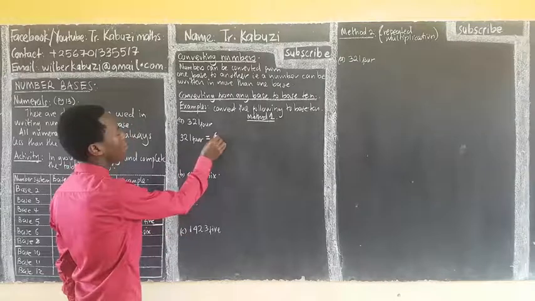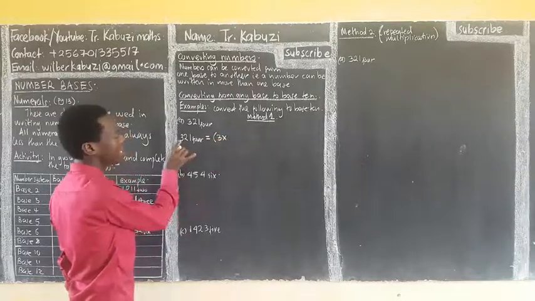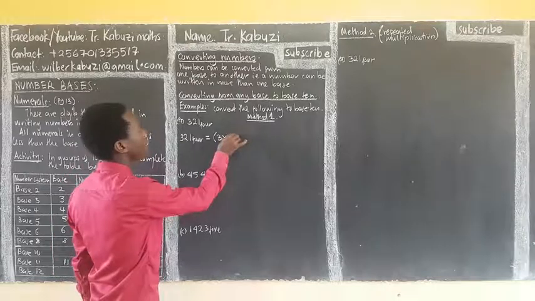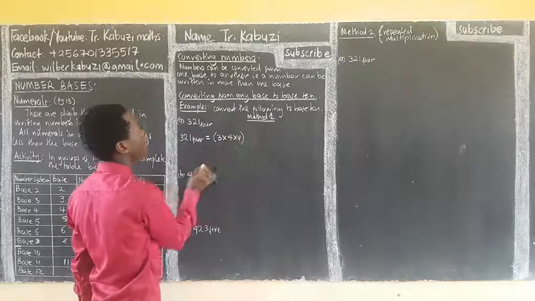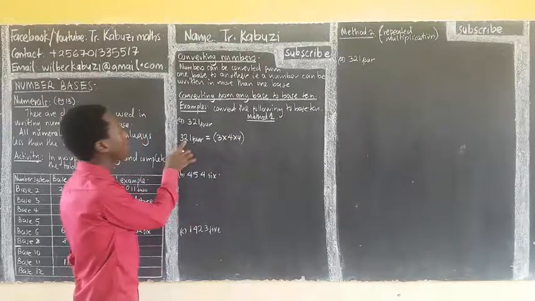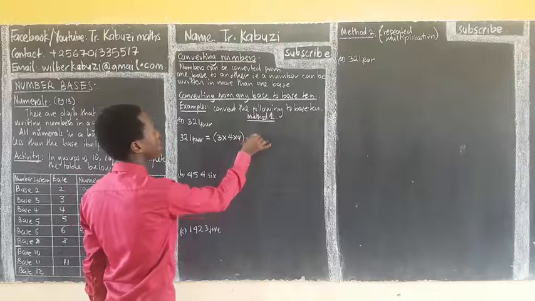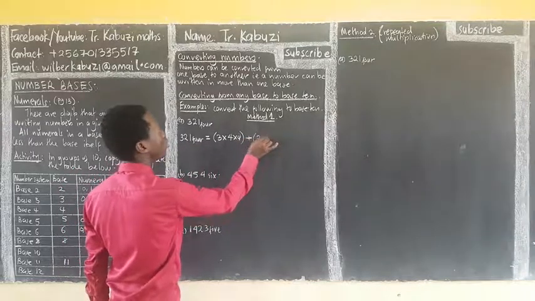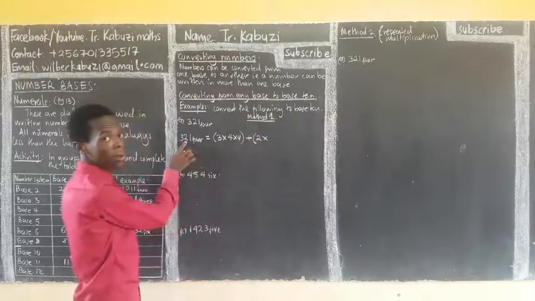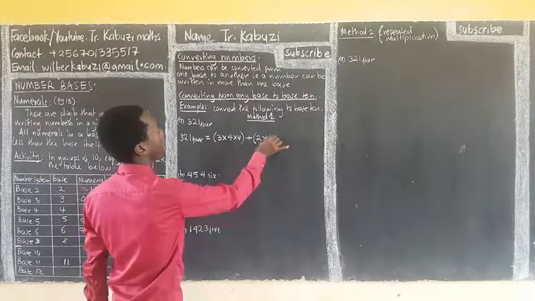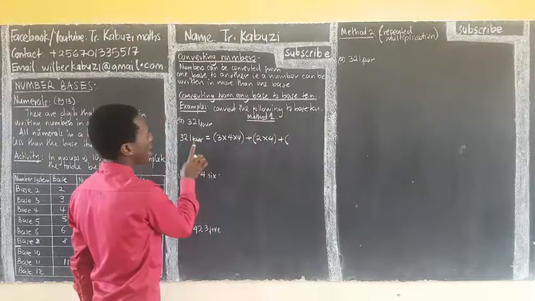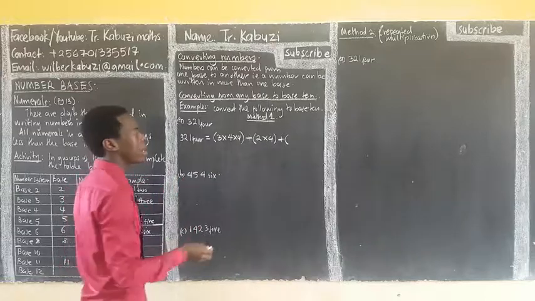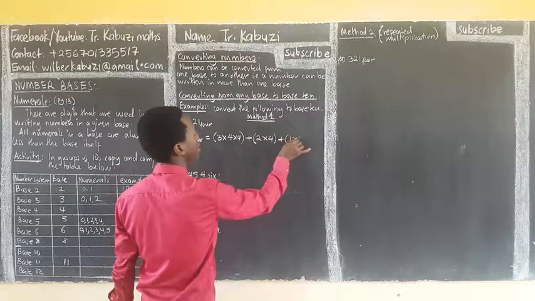So it means that now we get 3 times, because this one is in 4 fours, we multiply 4 and then 4. Then plus 2, but this one is in 4s now, so it's only 1 four. Then plus, the last digit is always in 1s, so you have 1 times 1.